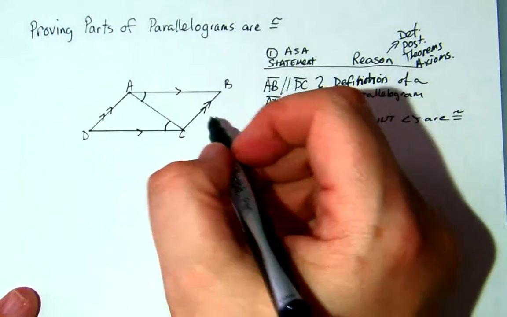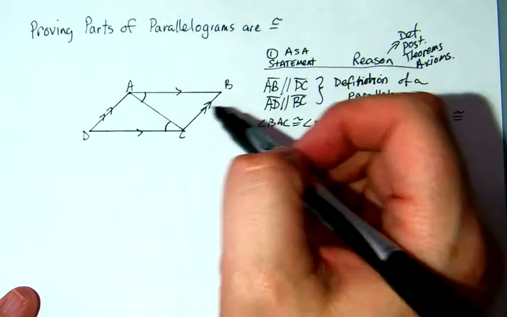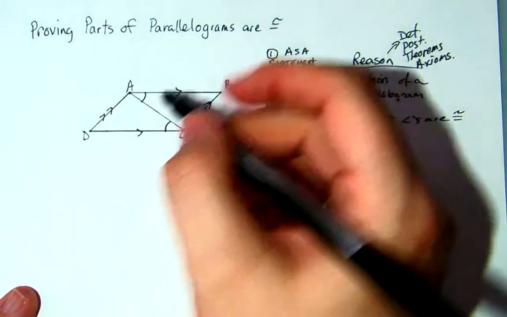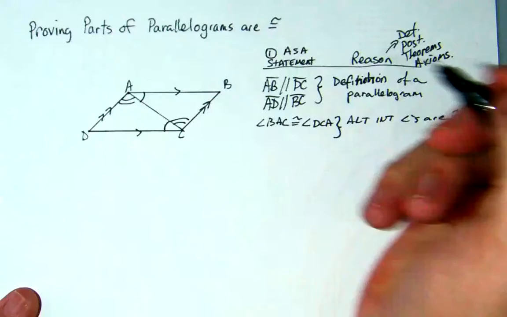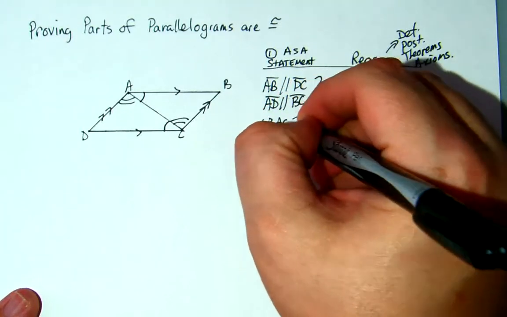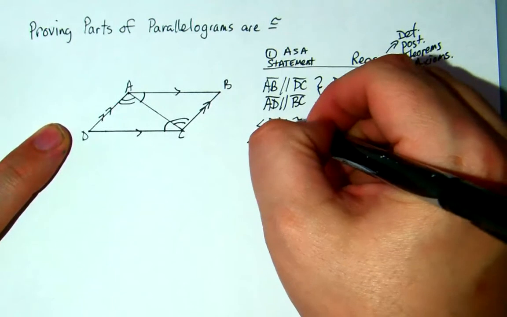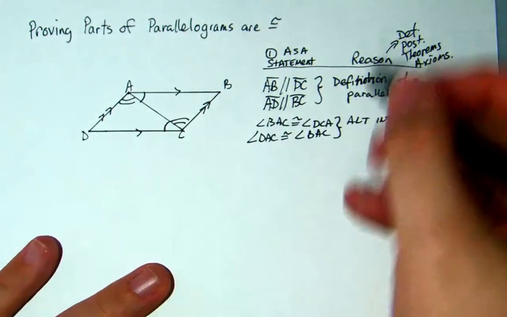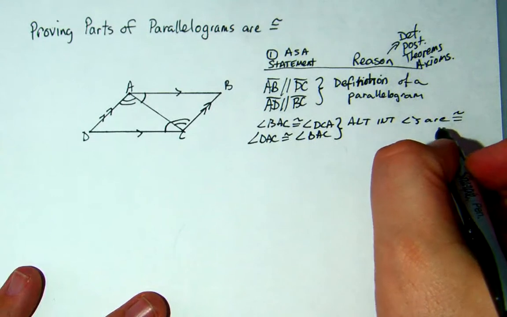That's just not how we do that. Now, also, since these two, AD and BC, are parallel, these two angles are congruent. So we can say angle DAC is congruent to angle BCA for the same reason, which is why I lumped them all together with the same reason.